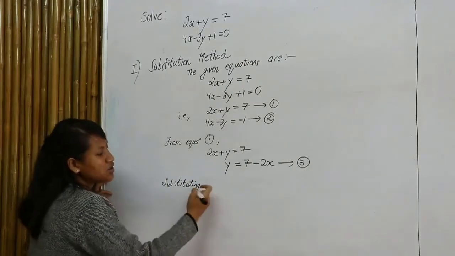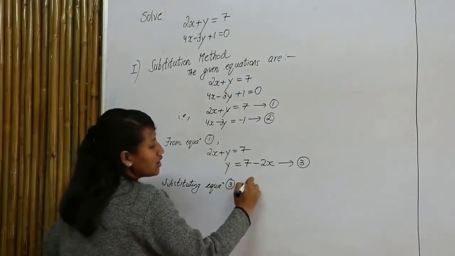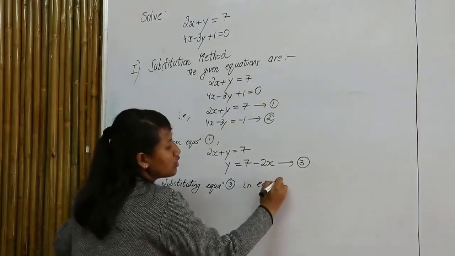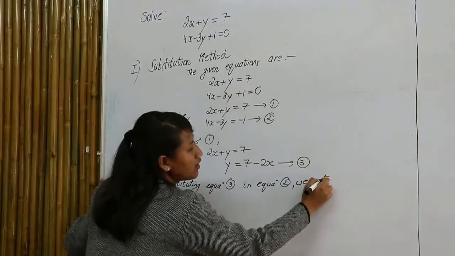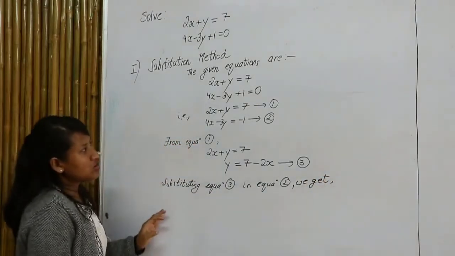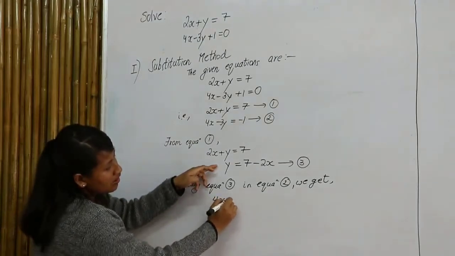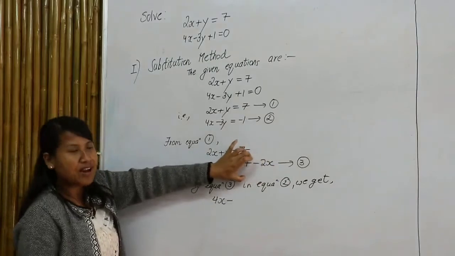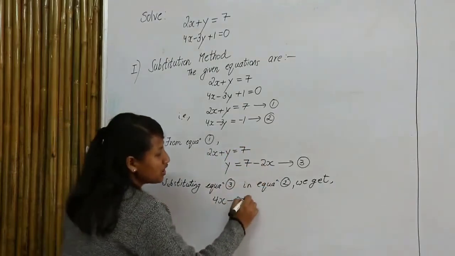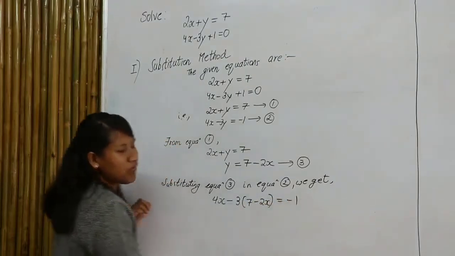Substituting equation 3 in equation 2, we get: what is equation 2? It is 4x minus 3y. Look here, in place of y, we put 7 minus 2x. So 4x minus 3 times (7 minus 2x) equal to minus 1.